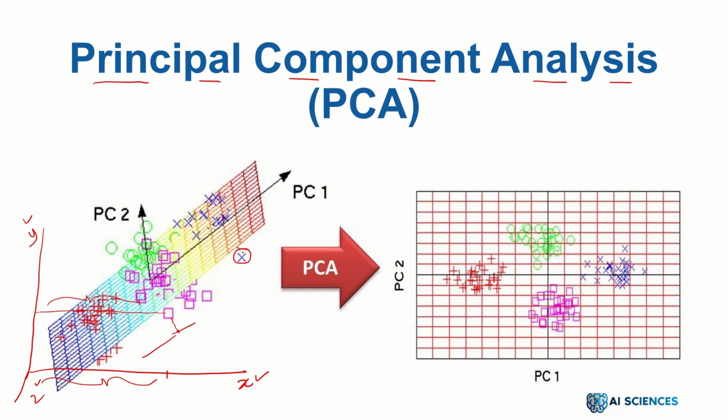So this particular point is represented by 3 numbers: x value, y value, and z value. Similarly, all these data points have 3 dimensions, and they are plotted in this 3-dimensional space.